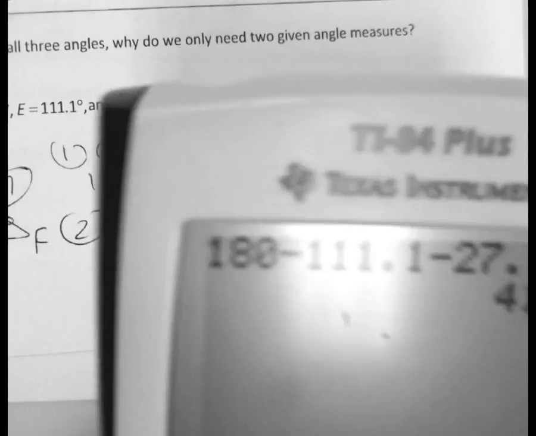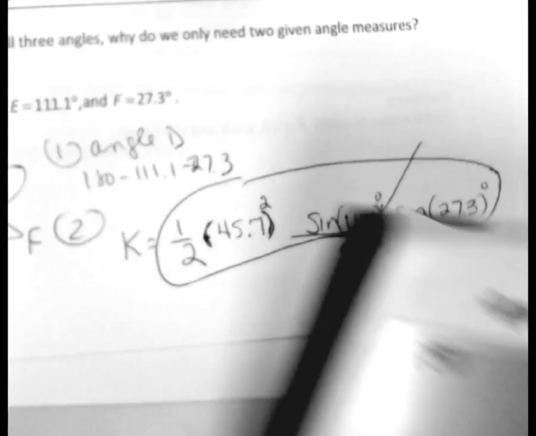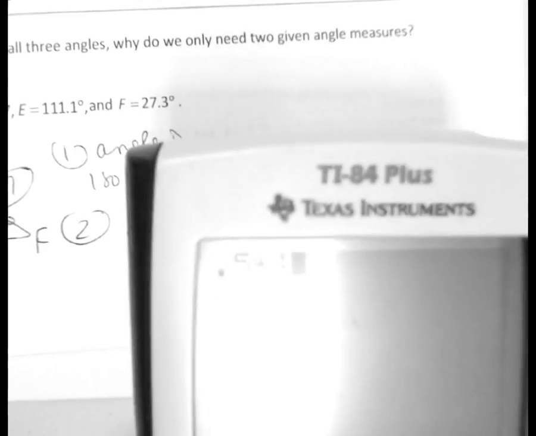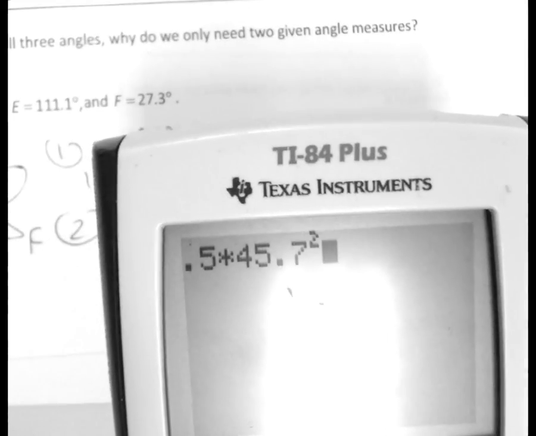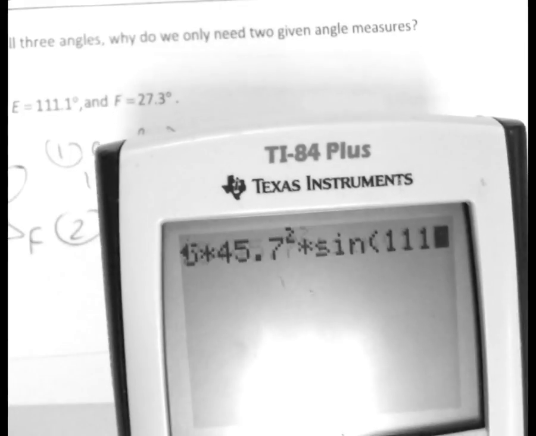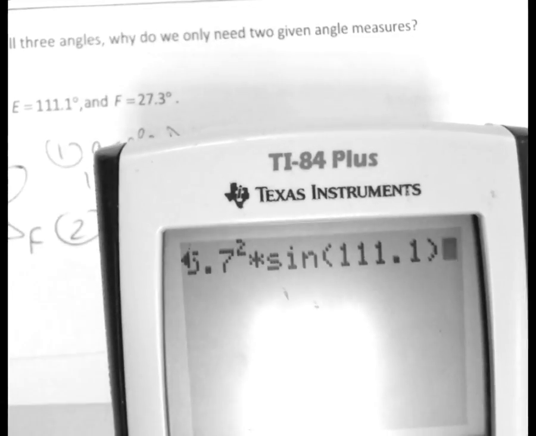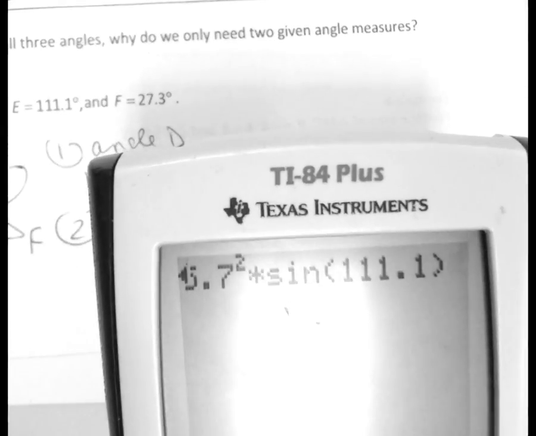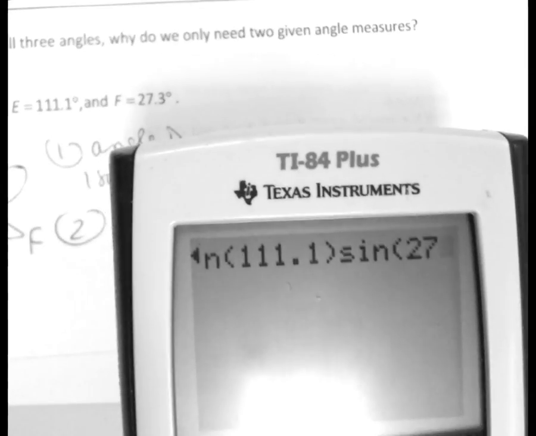So here we go. I don't put in 1/2, I put in 0.5, first of all, and then it's times 45.7 squared. Some people forget to square the side. Times sine of 111.1. Here's the crucial step right here. Right parenthesis right now. Close that angle. Sine of 27.3.